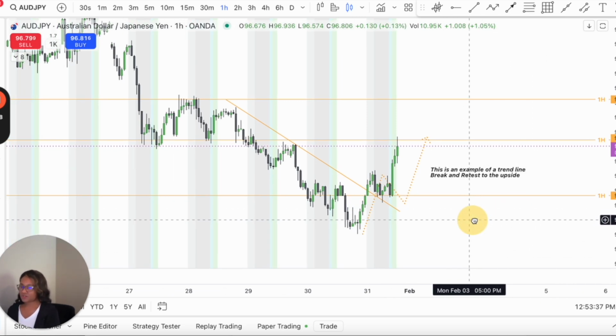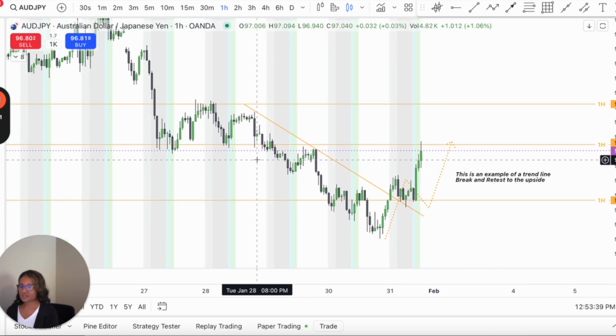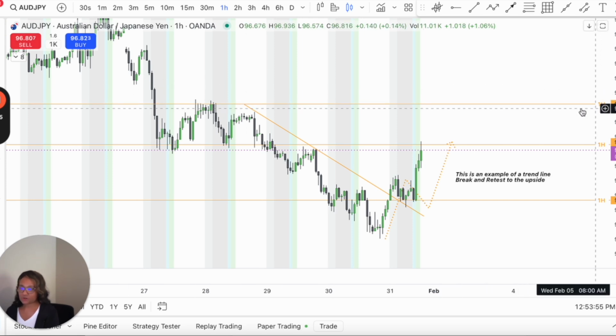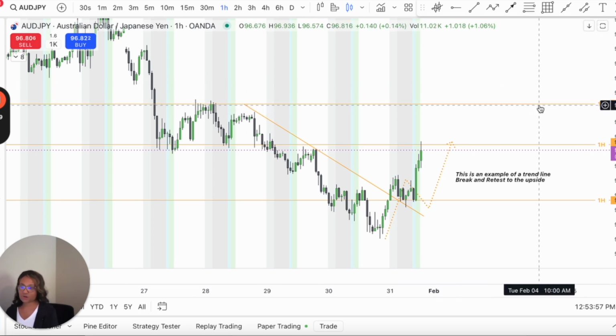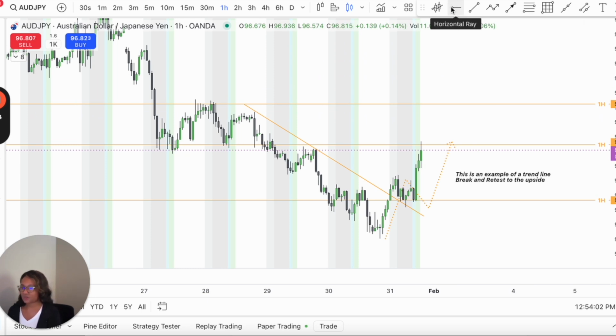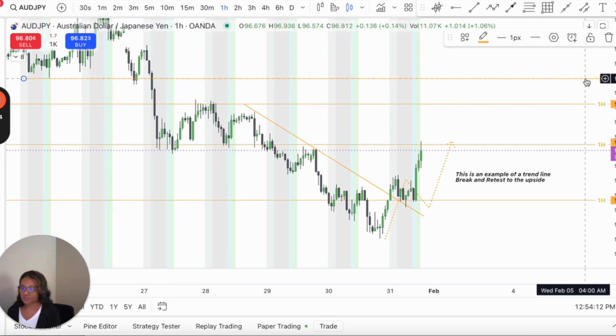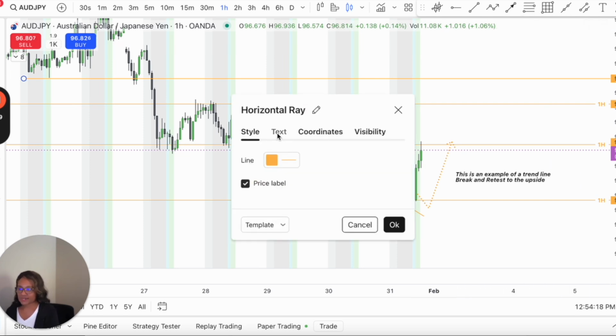We can also notice an example of a break and retest of support and resistance. Remember that we use the horizontal ray tool for this, so that's what I've done here. I've also labeled it over here. I know that orange is for our 1 hour, but you can also label your horizontal ray. If you click on it and click on this cogwheel, you can enter some text.